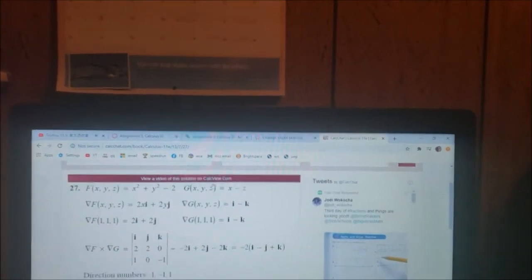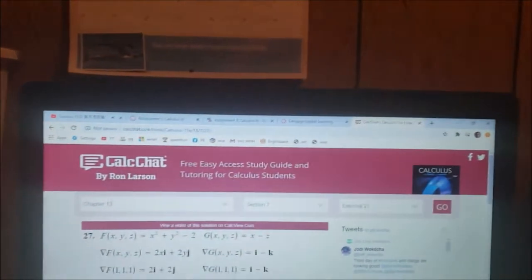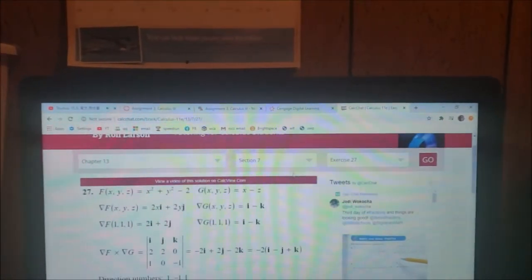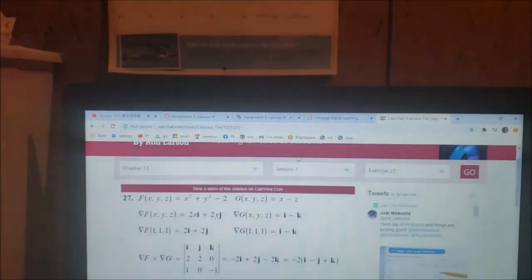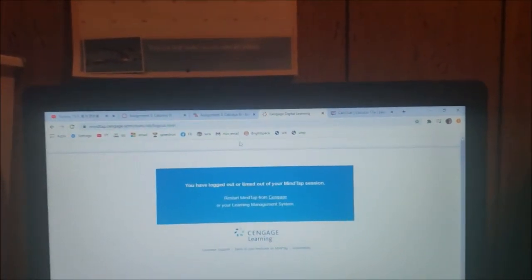Let's see what we got here. Oh yeah, I guess I'll just close this out because I kind of know how to do that now after reading it. I'll keep this open because I often refer to this because it actually gives you the solutions to all the odd numbered problems. So sometimes I can use those to help me figure stuff out.